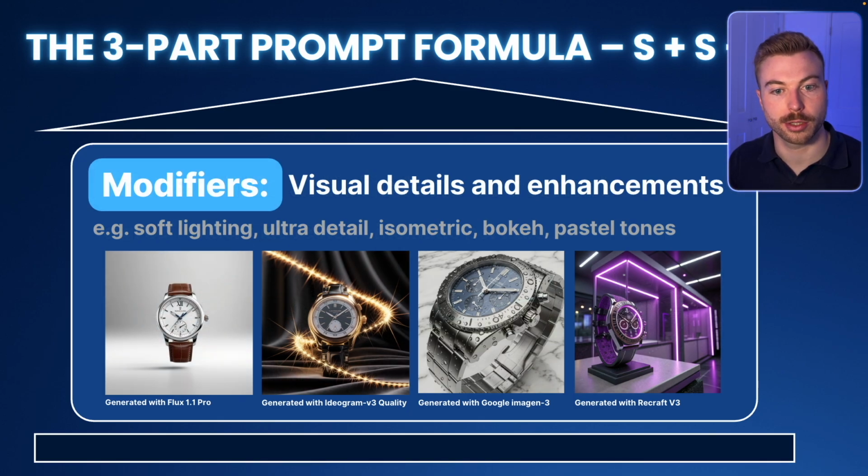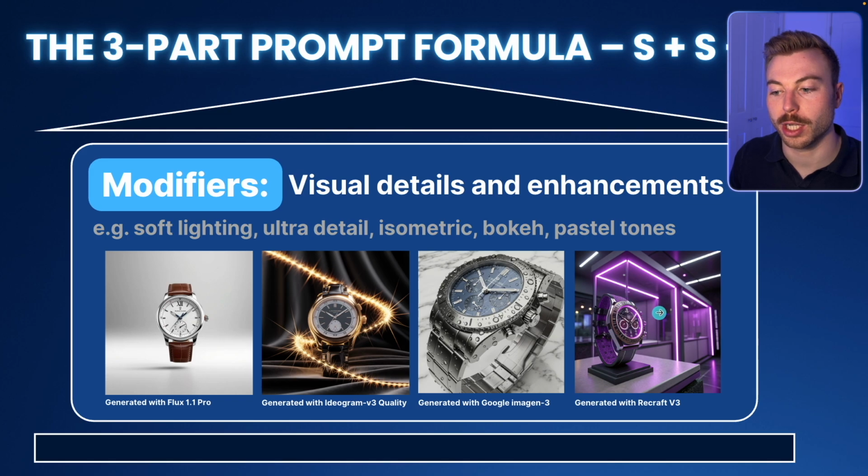Now, what are modifiers? Well, these are the visual details or enhancements that we're looking to add to our prompt to influence the outcome that we're getting. So, soft lighting, ultra detailed, 4K, isometric, bokeh, pastel tones, all of this sort of stuff to really influence how we want it.